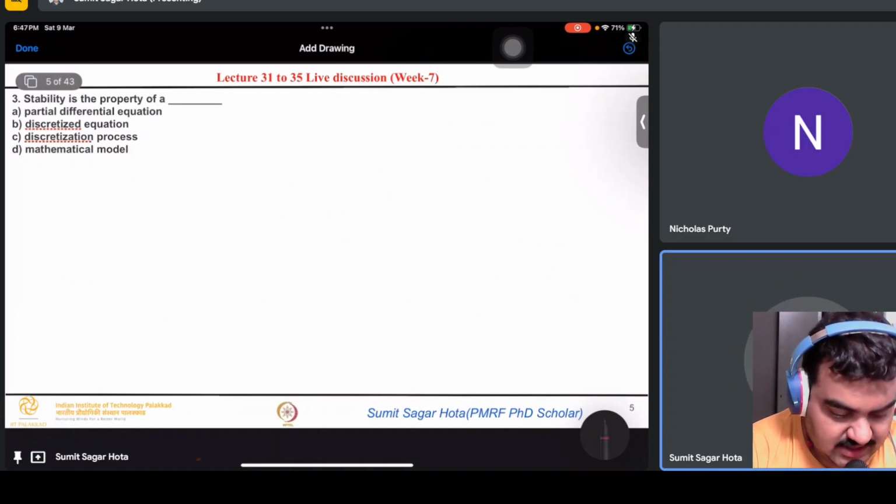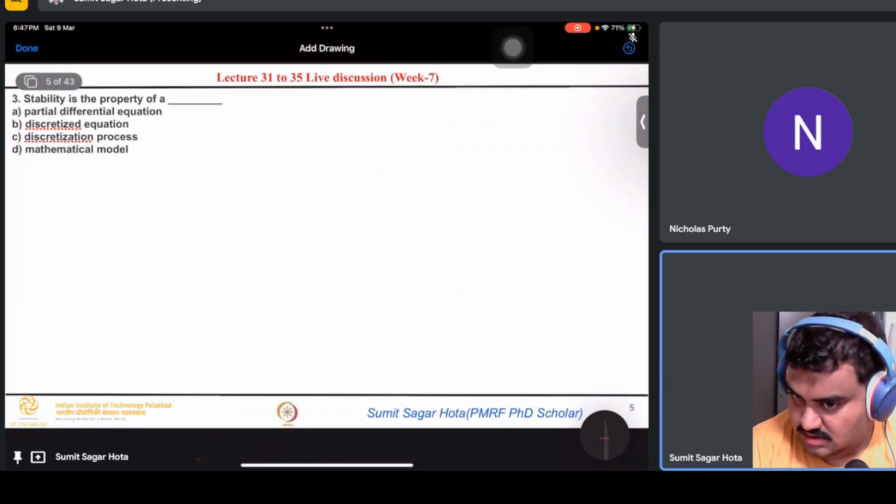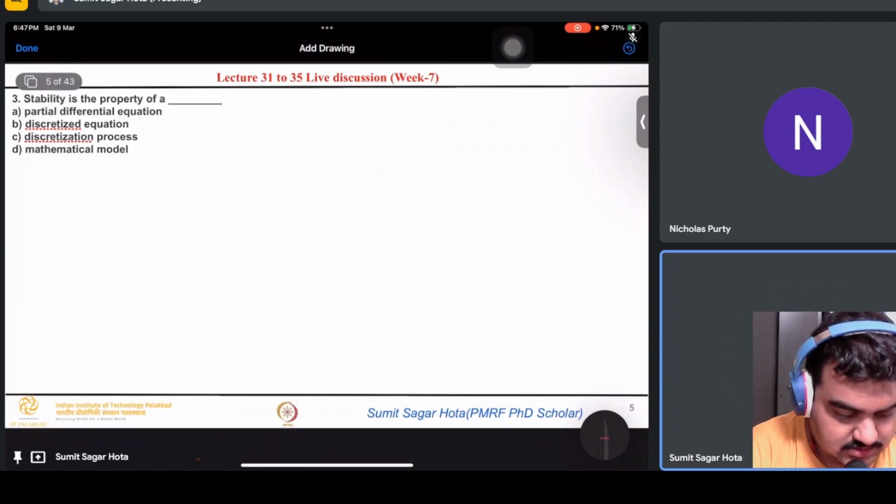Stability is the property of a dash. Stability is the property of what?